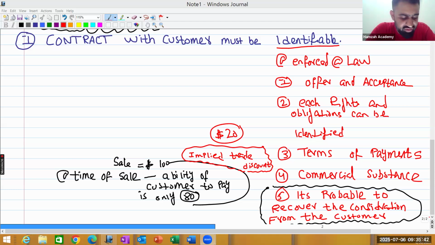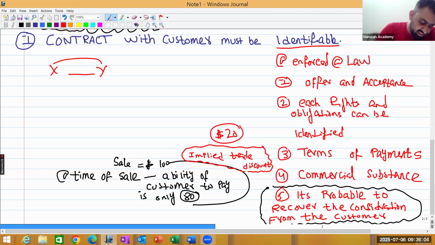For example, X and Y, in a get-together, X told Y that X needs some laptops and Y is a trader of laptops. The next day, Y, without any finalization of the terms and conditions, sent 100 laptops to X.